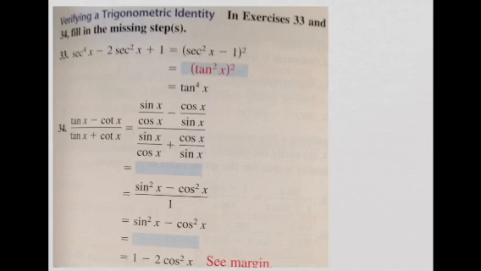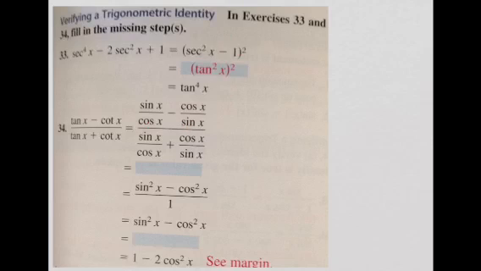On 33 and 34, they did most of the verifying the identity, except they left a few blanks. So for the first one, you see that secant squared x minus 1 equals tangent squared x, straight from the Pythagorean identity. Okay, and then they finished it off by multiplying it out. 34, they converted the tangents and cotangents to sine over cosine and cosine over sine respectively.